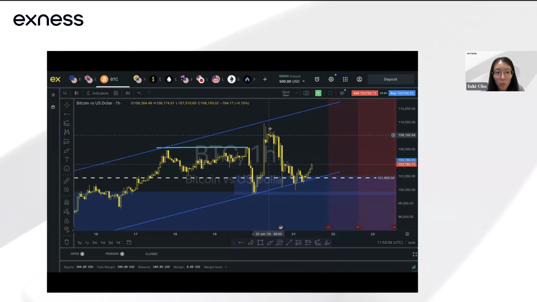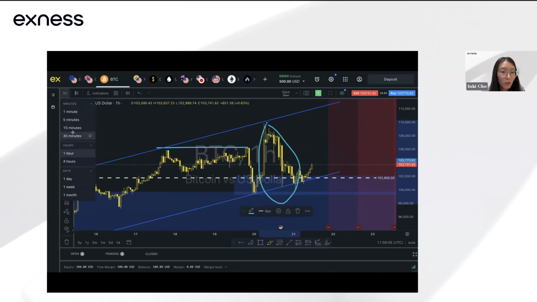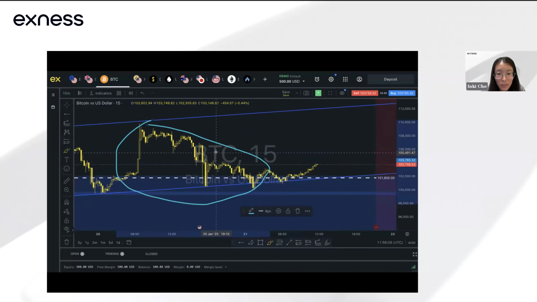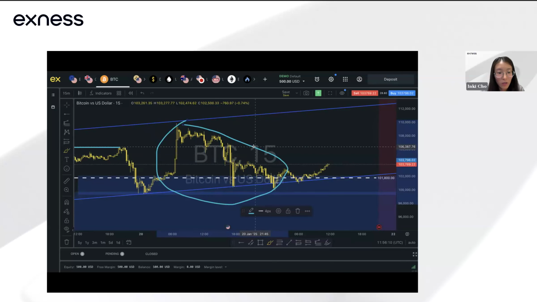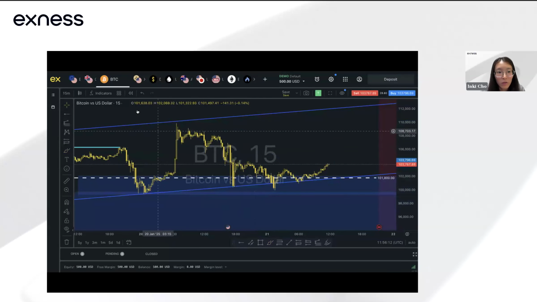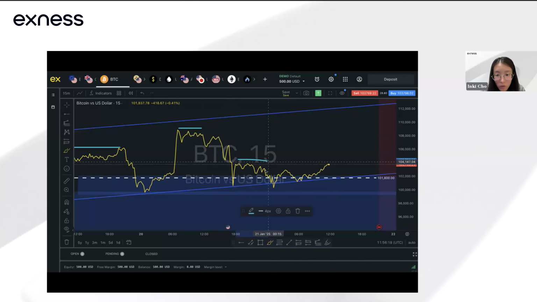So notice this pullback, this area that we have highlighted, this move. Right now, I'm on the 1 hour time frame. If I were to go down lower to the 15 minutes, for example, you can see what happened, you have that shift in structure. So observe this: on the 15 minutes, you have lower lows and lower highs. We're seeing that peak and trough coming through.